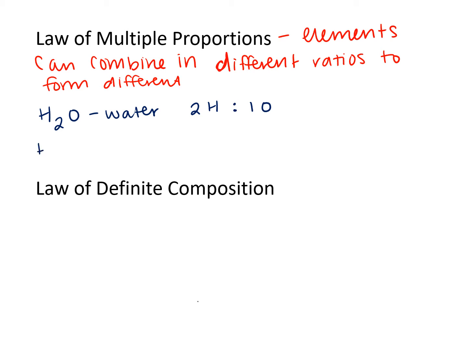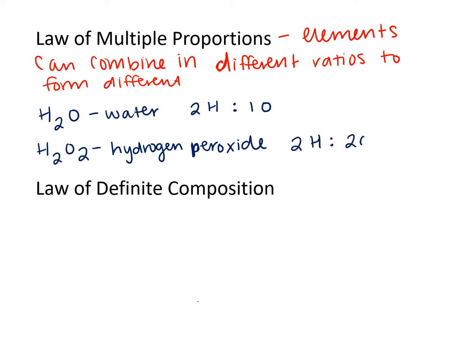An example of this would be H2O2. This is what we call hydrogen peroxide, and you may have heard of this one. This is most likely going to be found in your bathroom. So hydrogen peroxide has a different whole number ratio of hydrogen to oxygen. Here we're looking at 2 hydrogens to every 2 oxygens.